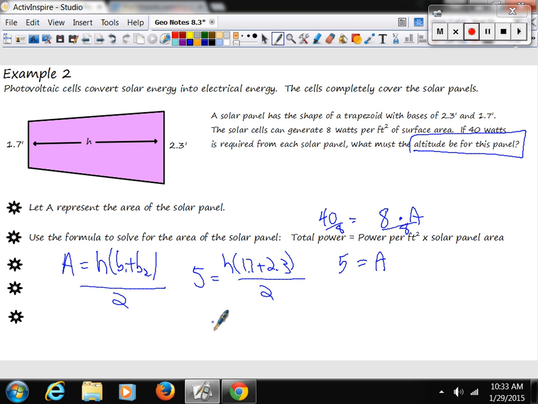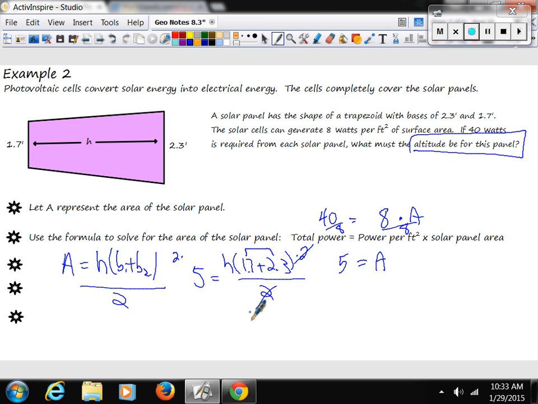And if there's just one variable, I can solve for that variable. I can get that variable by itself. What do you think we would do first in our Algebra 1 classes to get the H by itself? We could combine like terms. Okay, so I'd put those connector bars. But what do I have about the fraction there? Multiply. Yeah, I would multiply both sides by 2 to get rid of this fraction.